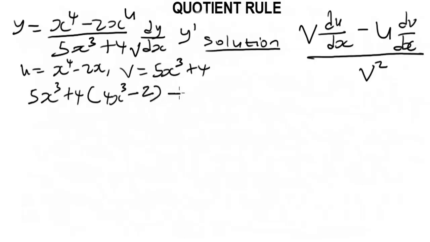Then minus, this time I leave u, which is x raised to the power 4 minus 2x, and I differentiate v. When you differentiate v, you have 15x squared plus 0, because the derivative of a constant is 0.